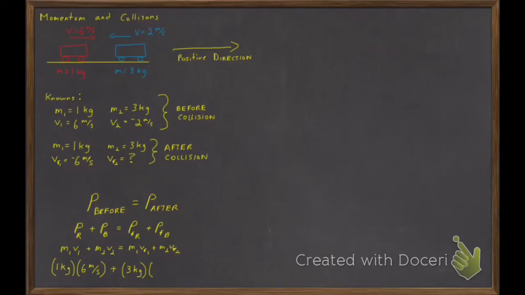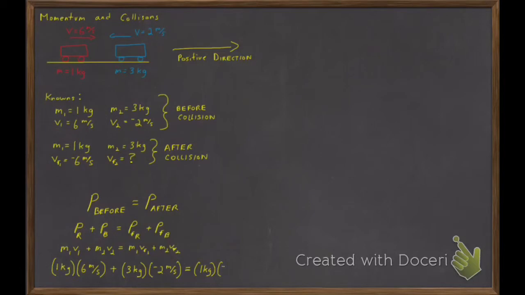We said the velocity was negative because it's going to the left, so it's negative 2 meters per second. And that's equal to M1, which is 1 kilogram, times the final velocity of 1 after the collision, which we were given as negative 6.